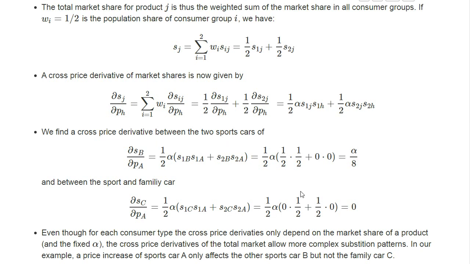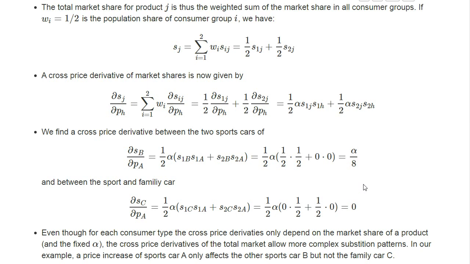And here we have a very extreme example where one product has a 0 market share within one consumer group, but think of maybe family car C having a very small market share in consumer group 1, and the sports car A having a very small market share in consumer group 2, then we also would find that we have a smaller total effect.